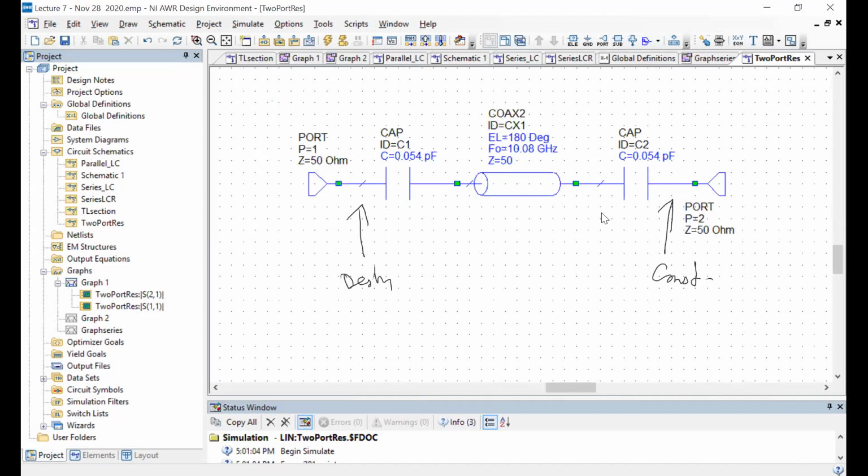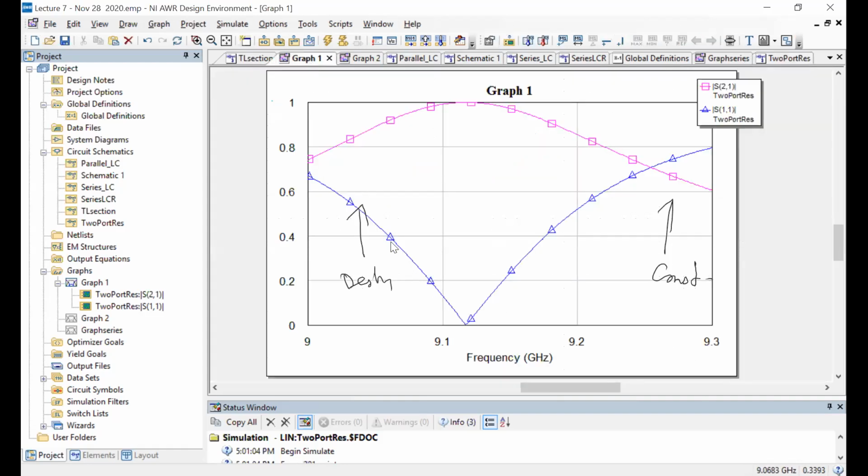And of course, this happens for only one frequency. So the moment that condition is broken, you start seeing the reflection coefficient go up. Of course, the transmission coefficient is going down. All right.